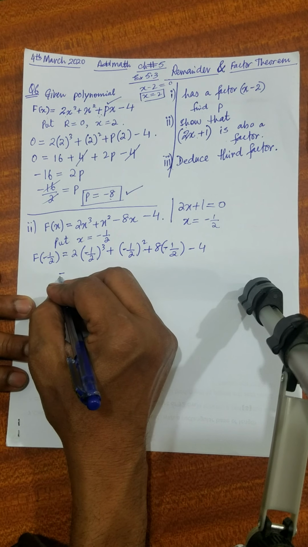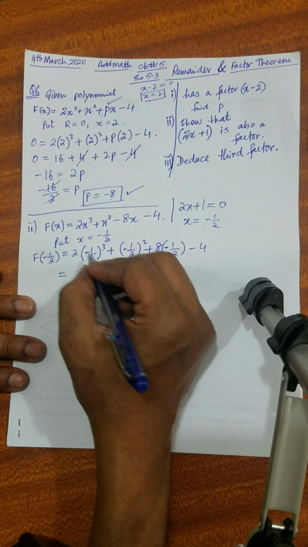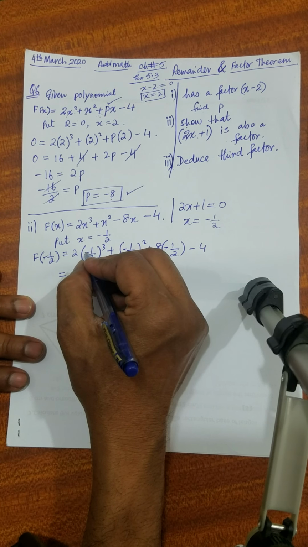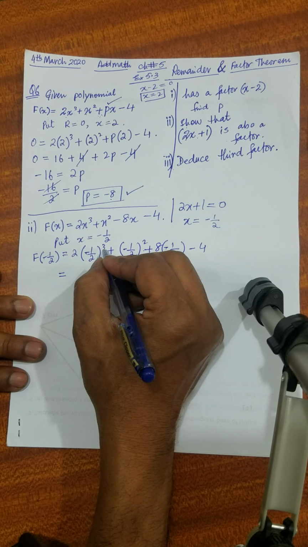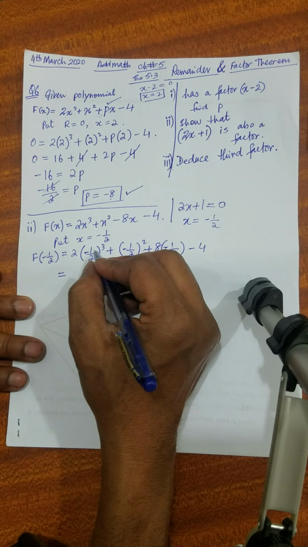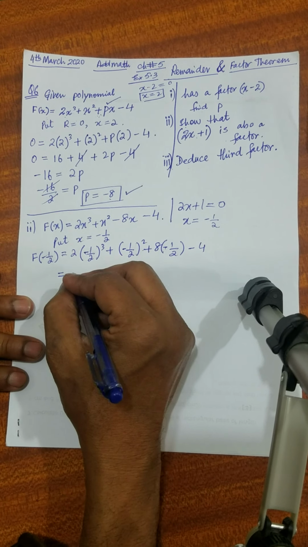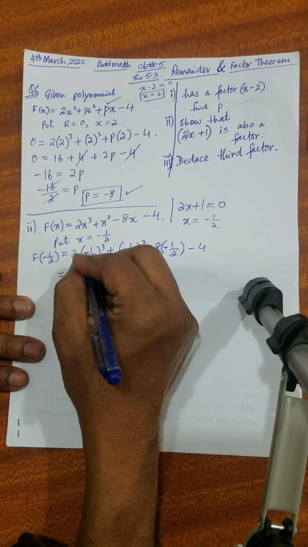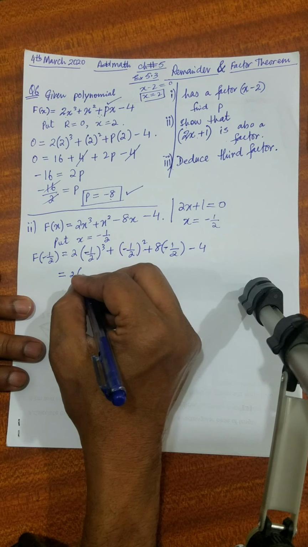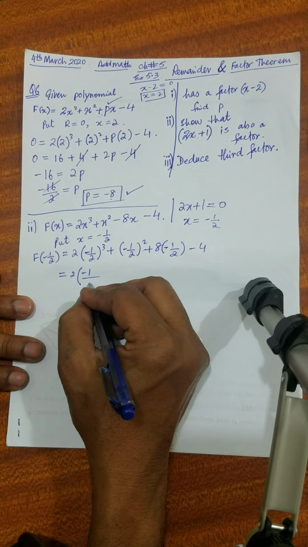Now remember, I explained earlier that if we have a negative number inside a bracket and if we have an odd power like 3, 5, 7, because of the odd power, the negative sign remains there. The cube of -1 is -1, and the cube of 2 is 8.